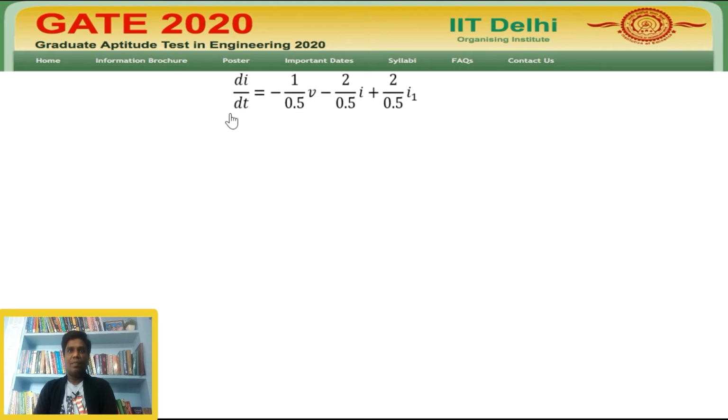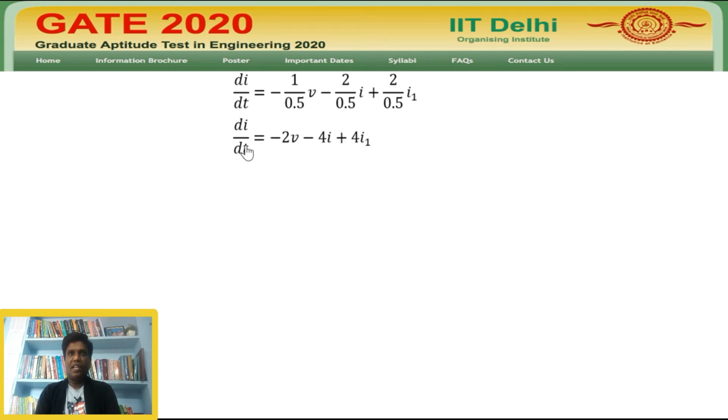Then the equation will be di by dt equal to minus 1 divided by 0.5 into V minus 2 divided by 0.5 into I plus 2 divided by 0.5 into I1. In this equation, on the right hand side, 1 divided by 0.5 is 2 and 2 divided by 0.5 is 4. After that, the next equation will be di by dt equal to minus 2V minus 4I plus 4I1.